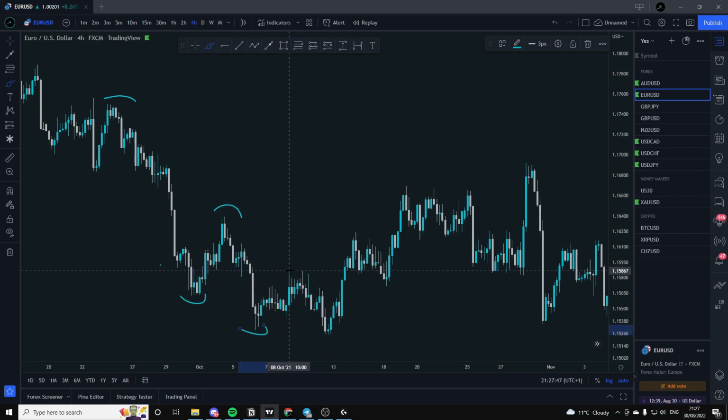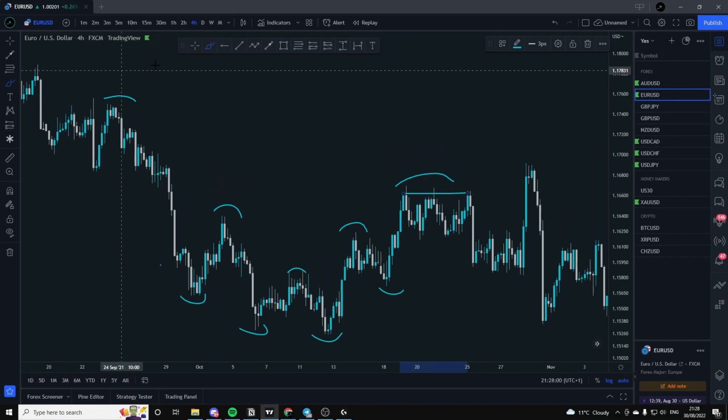We'll say that's the high, that's a new low, and now we have a higher high, a higher low, a higher high. None of these go above the previous high, so this is just minor structure. This is what we have to ignore, like I was saying before.